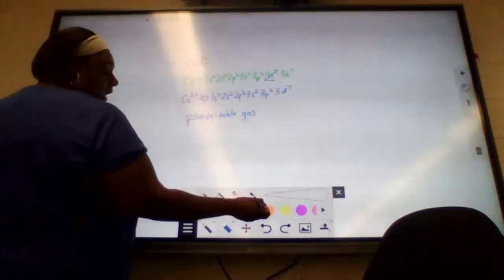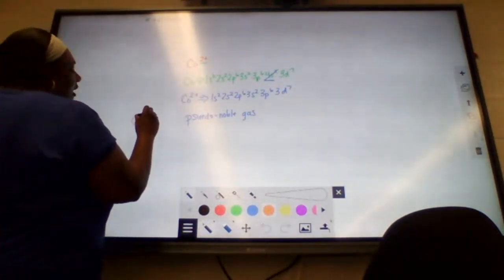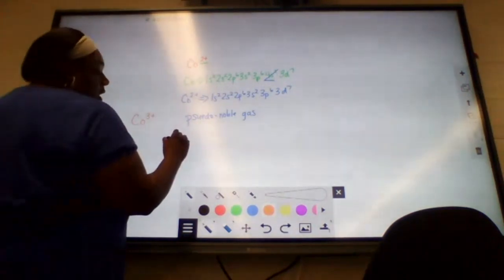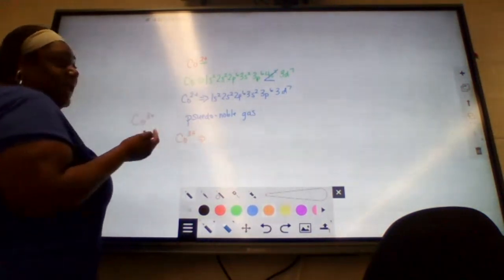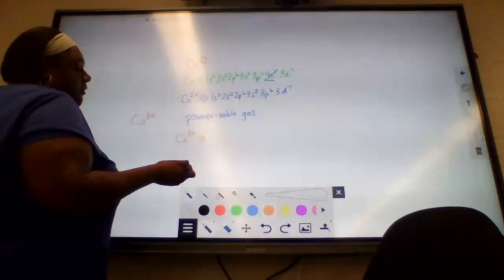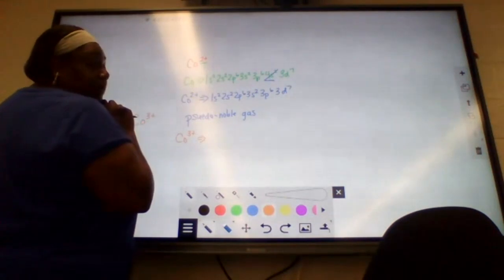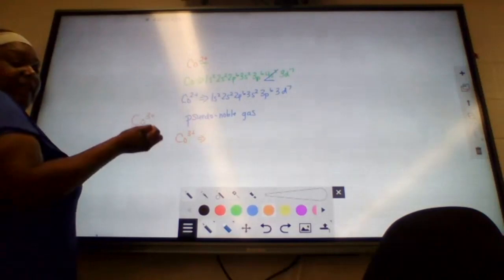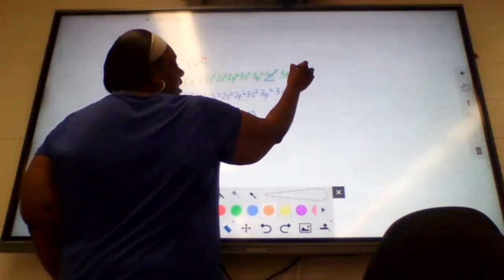Now, let's suppose that instead of cobalt 2+, we had to write the configuration for cobalt 3+. Well, with cobalt 3+, the only difference from cobalt 2+ is that I've got to lose 1 more electron. So the question is, where do I lose that electron from? I've already lost the 2 that were in the 4s. If I've got to lose an additional electron, I have to take it from the next highest energy level, which in this case would be here.